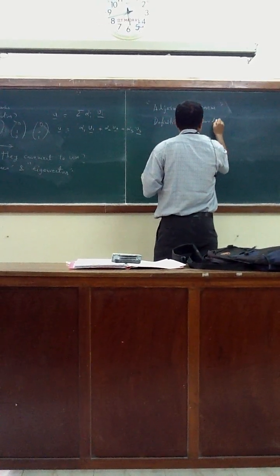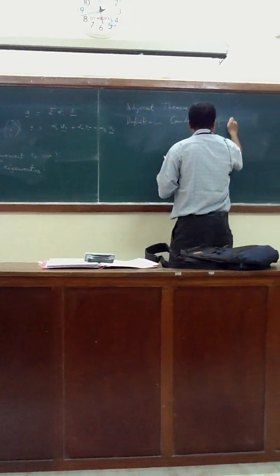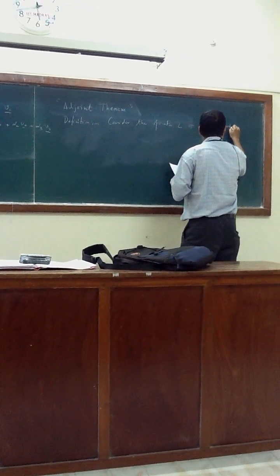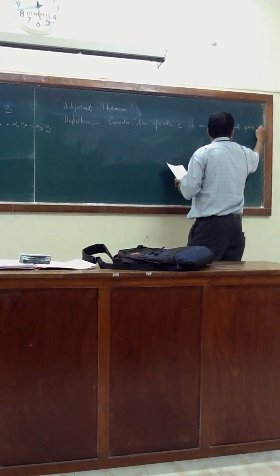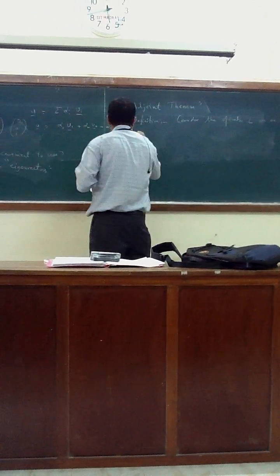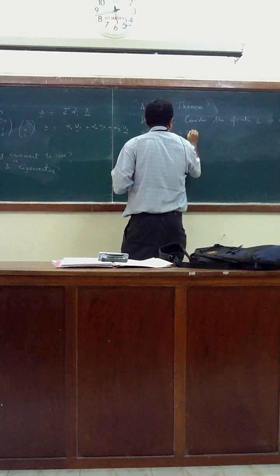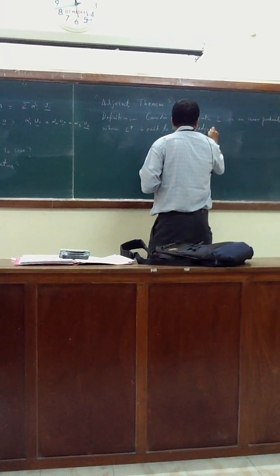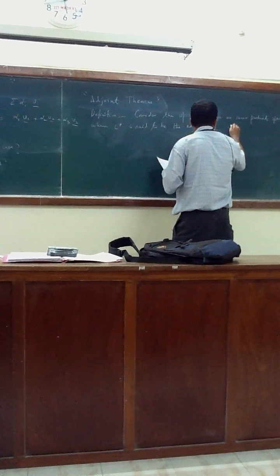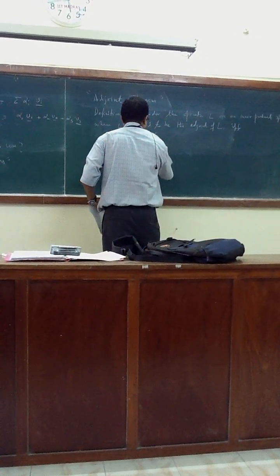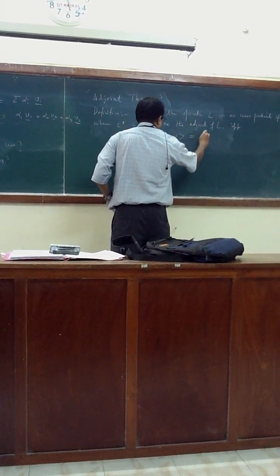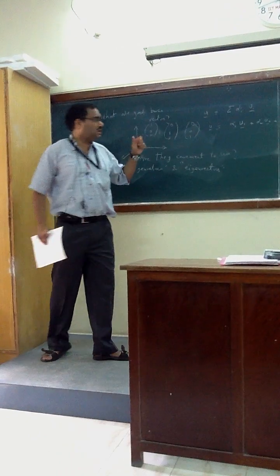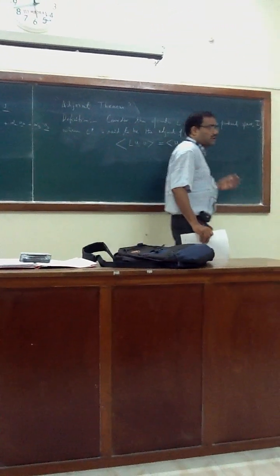Consider the operator L on an inner product space I, where L star is said to be the adjoint of L if and only if the inner product of LU and V equals the inner product of U and L star V. If this is satisfied, then I will say my operator is an adjoint operator.